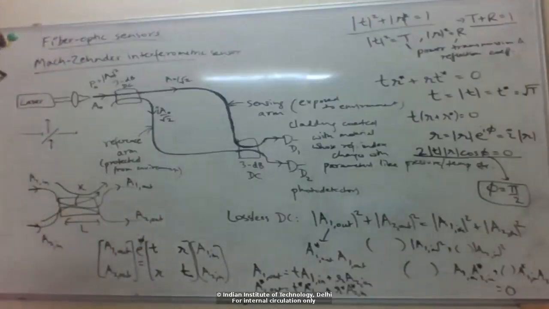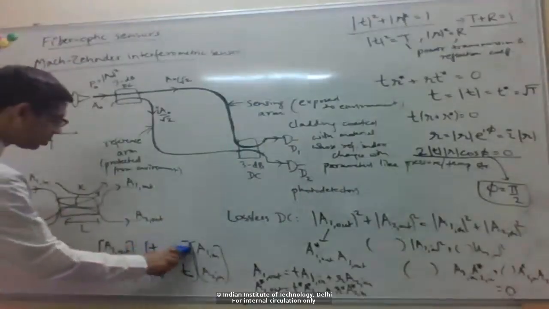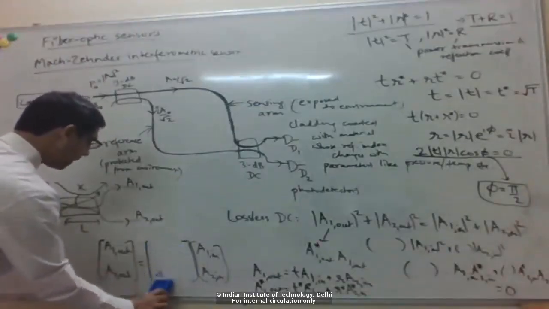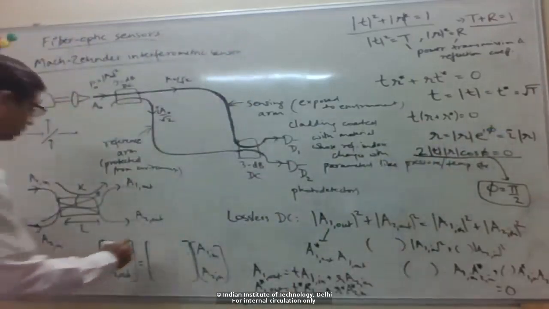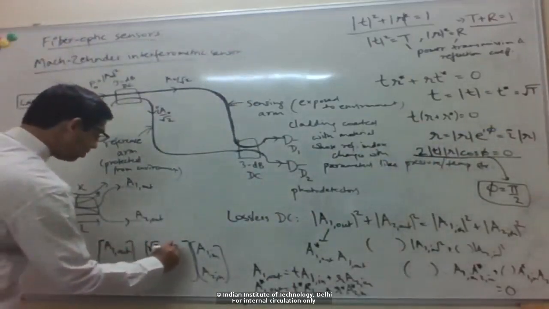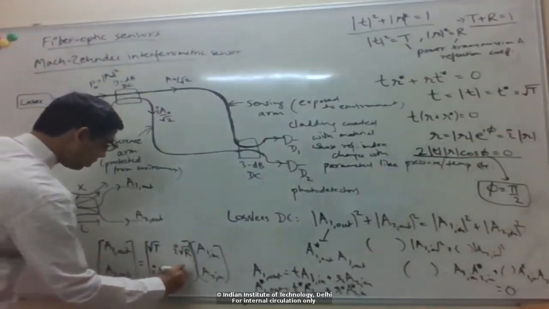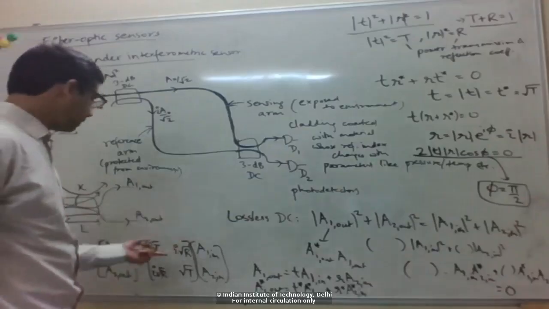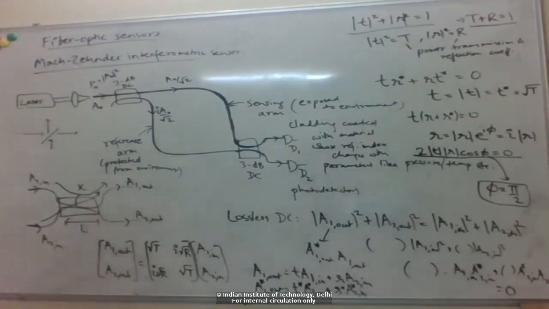So basically this matrix I can't just fill with square root of T and square root of R; I have to take a factor of i. I can write this as square root of T, then i times square root of R, again i times square root of R, and square root of T. This whole discussion is just to say that these i's have to be taken, that is the phase shift.